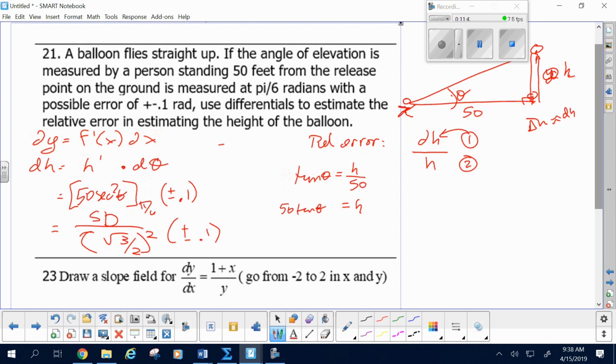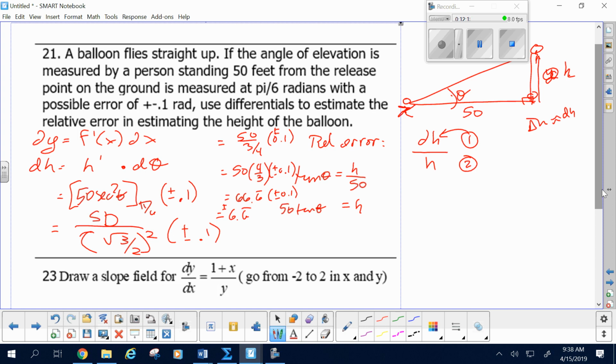So that's something like 50 over 3/4 times 0.1. That's 50 times 4/3 times plus or minus 0.1. 200 thirds is what, about 66.6 repeating? Sweet. And therefore, times 0.1, 6.6 repeating, plus or minus.